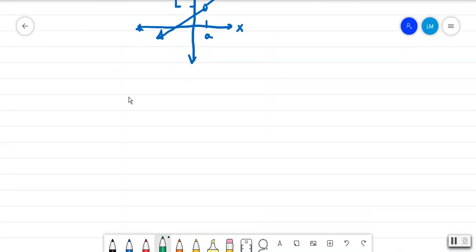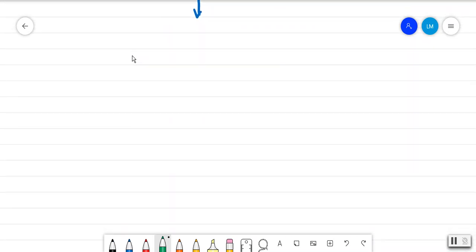So let's try to look at an example, because that's the best way you're going to get these, in terms of finding something like this.